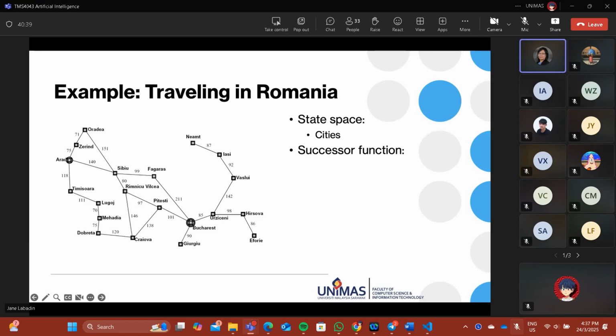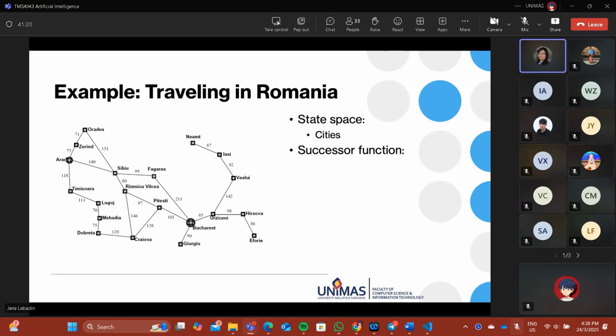So what is your successor function for this case? You are moving. From Arad, you can move to three cities: Timisoara, Sibiu, Zerind. So you're moving city to city. And there's a number there, which you can take as the distance.